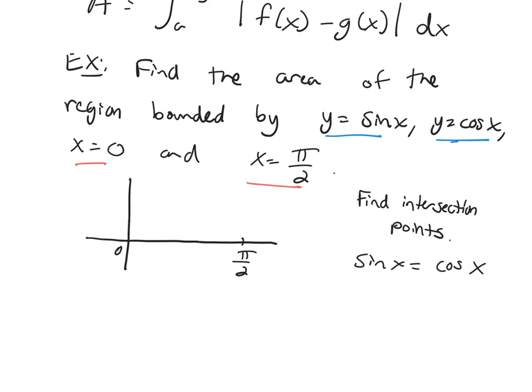And then you might think, oh no, I can't solve for x. It's okay. What does this equation say? It says sine is equal to cosine. At what angles on the unit circle are sine and cosine the same value? Pi over 4. And there's another one too, but remember I'm only looking between 0 and pi over 2, so I only care about pi over 4.